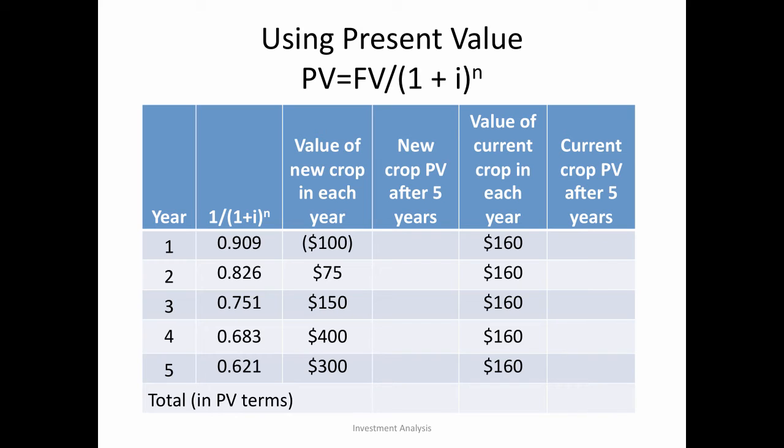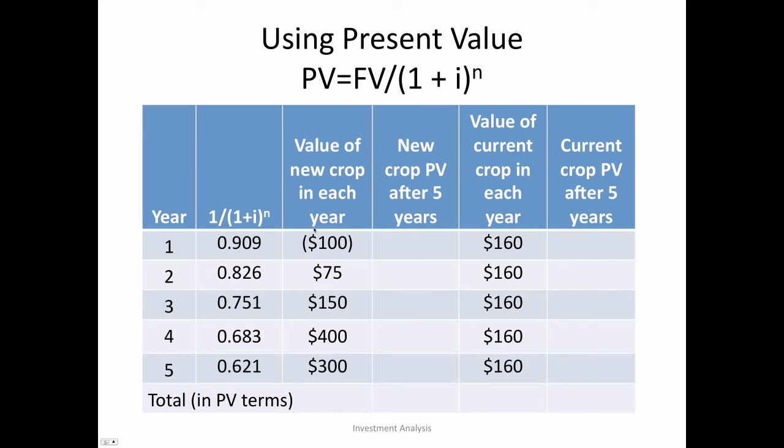So now what I can do is calculate the new crop present value after 5 years and the current crop present value after 5 years by using these discount factors. All I have to do is multiply the discount factor for a particular year times how much I was earning from the respective crop in that year. So in the case of the new crop at the end of the first year, I know that there's a loss. That's why it's in these parentheses.